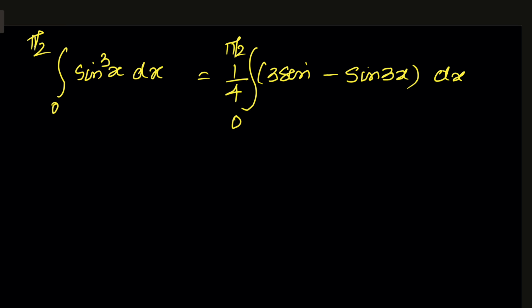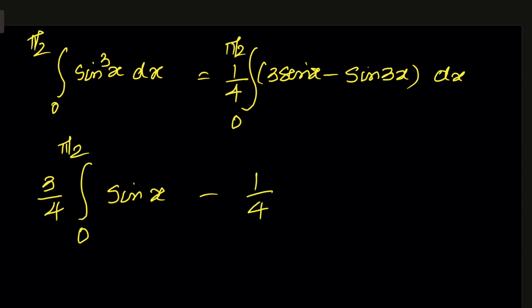So let us separate them now. One will be 3 by 4 integral of 0 to pi by 2 sin x minus 1 by 4 integral of 0 to pi by 2 sin 3x dx.